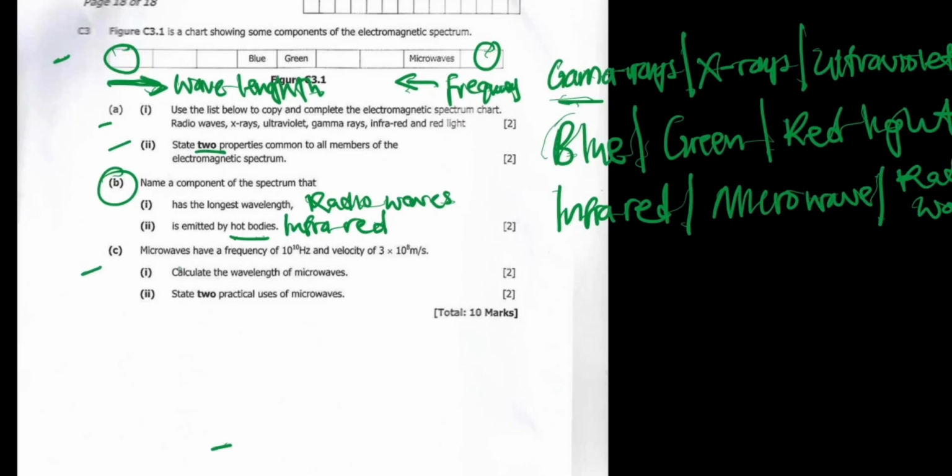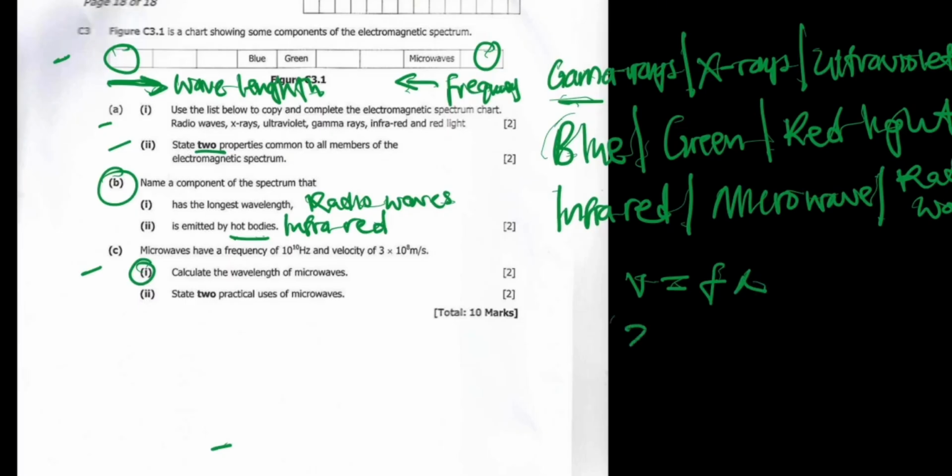Now for C, it says microwaves have a frequency of 10 to the power 10 hertz and the velocity of 3 times 10 to the power 8 meters per second. The first question is calculate the wavelength of microwaves. Well, this is straightforward. Speed of a wave is equal to the frequency of the wave times the wavelength.